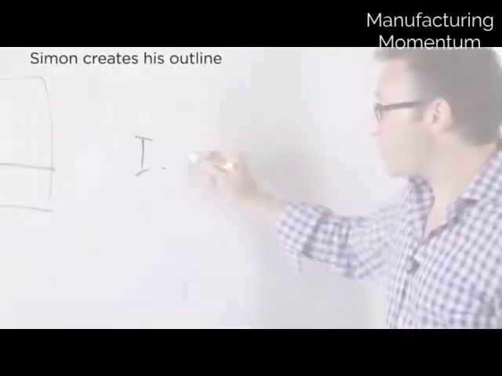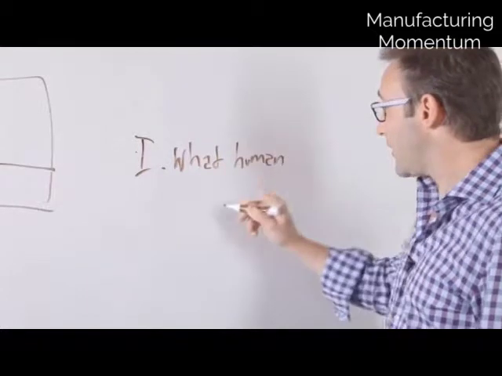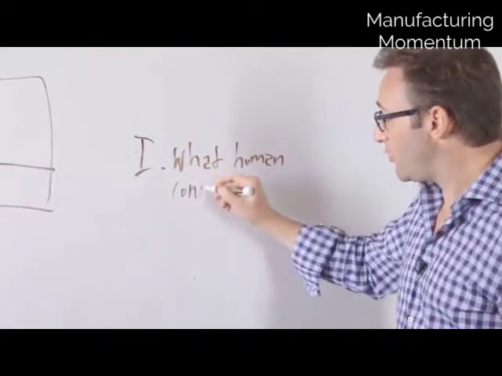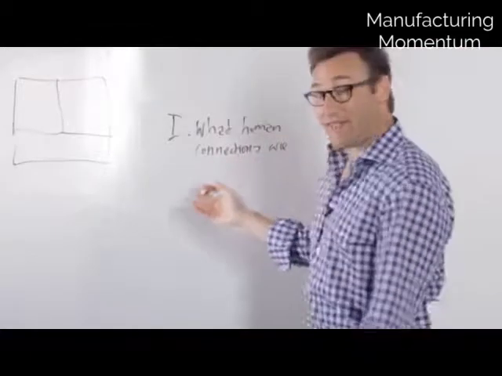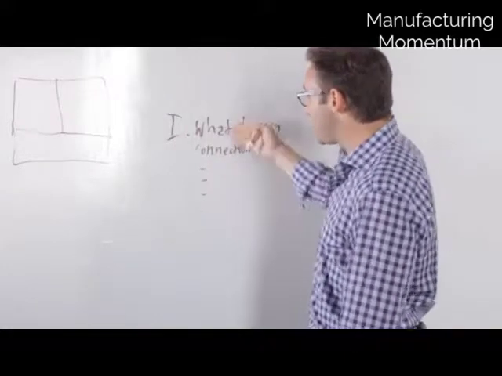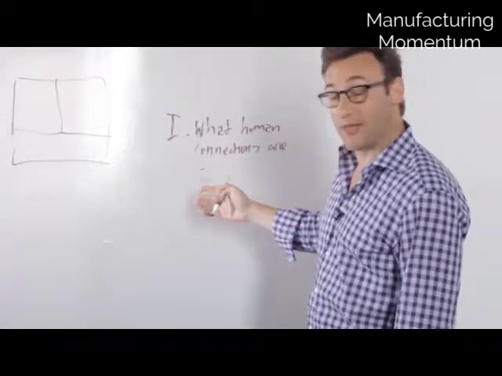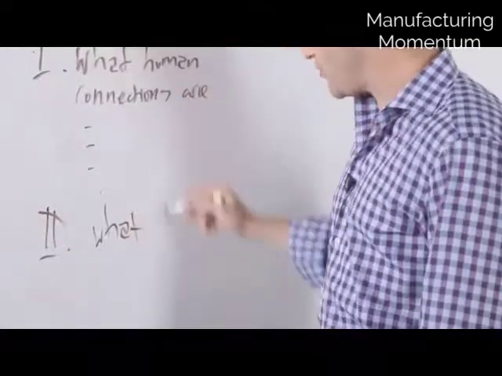So number one is, what does human connection mean? What does it mean to have a human connection, right? What human connections are. So I'm going to have to somehow figure that out, right? There are some sub things here that I'm going to have to try and explain about what human connections are. The second thing is, what are the things that break human connections?